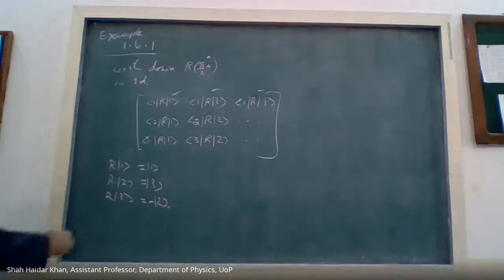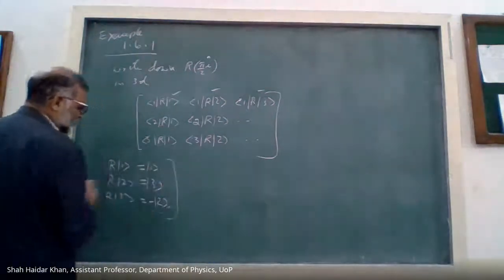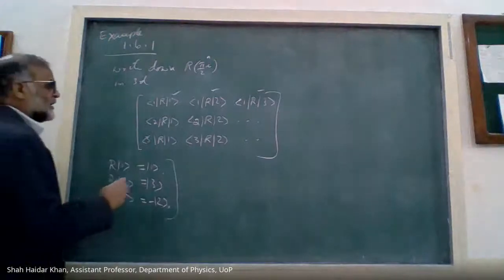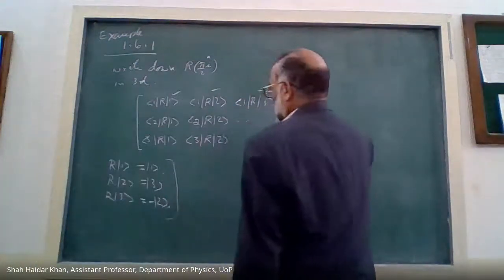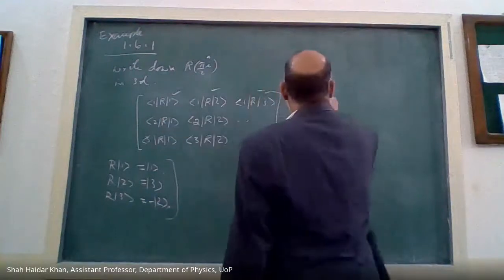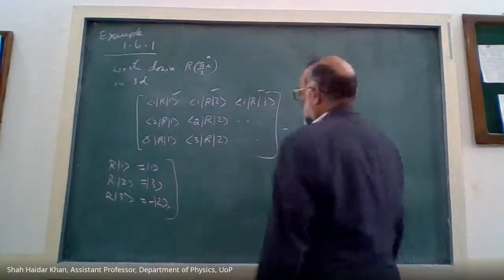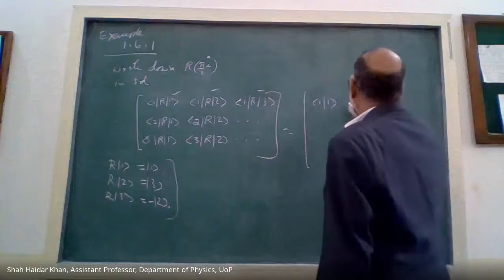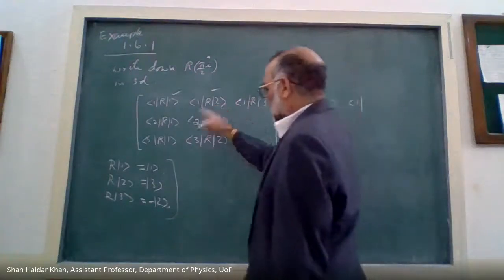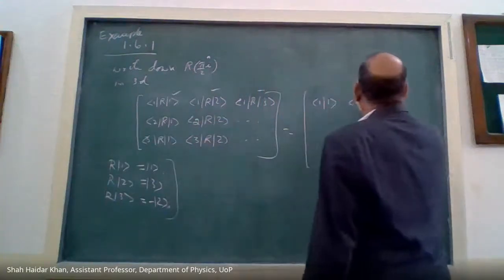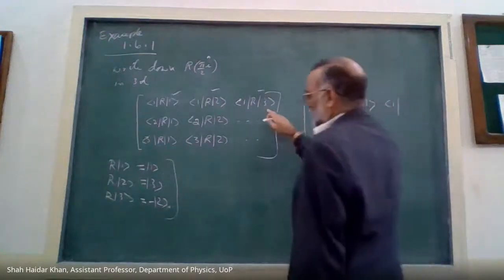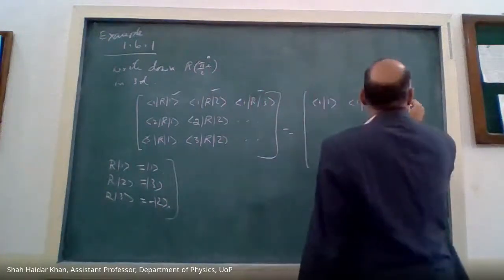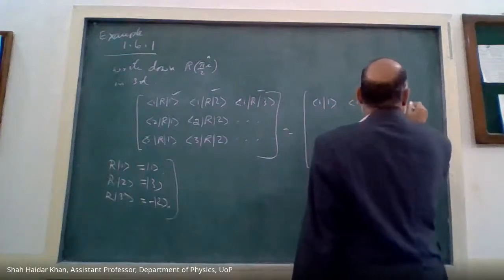Now we put these things here. So this will be equal to 1, and R of 1 is 1; 1, R of 2 is 3; 1, R of 3 is -2, so I write minus k.